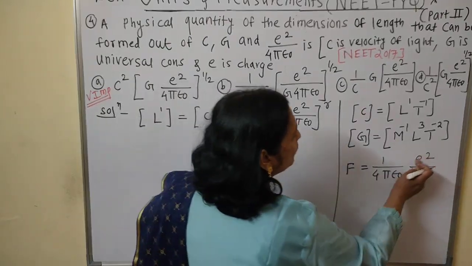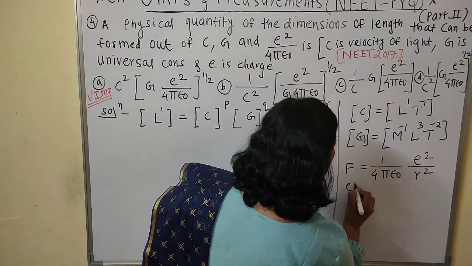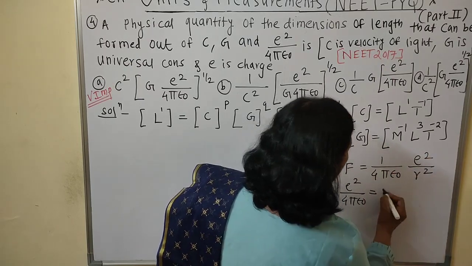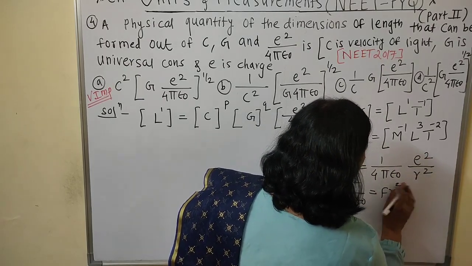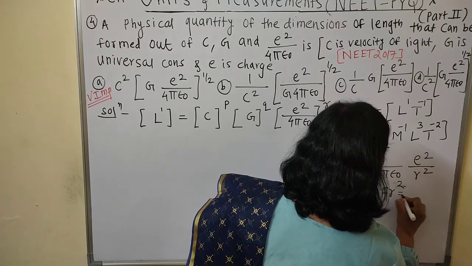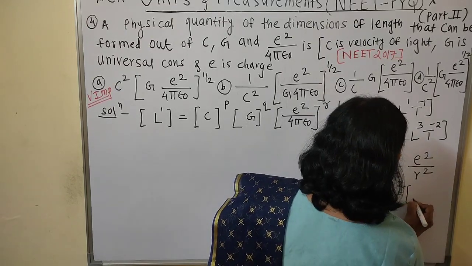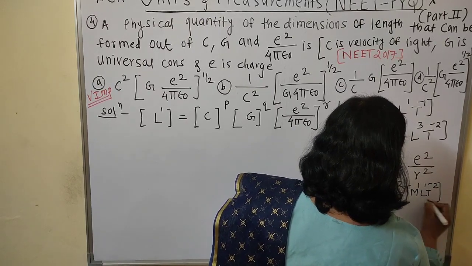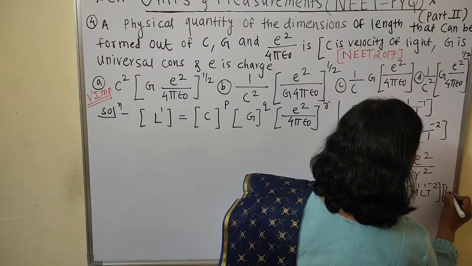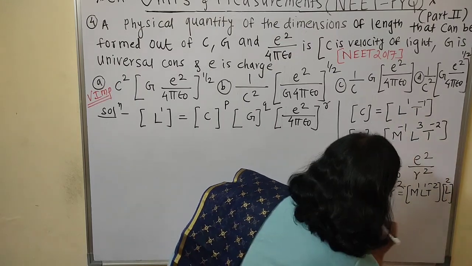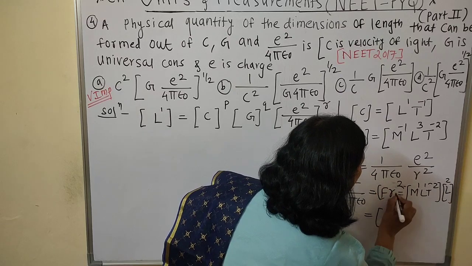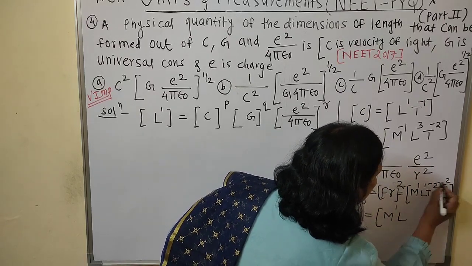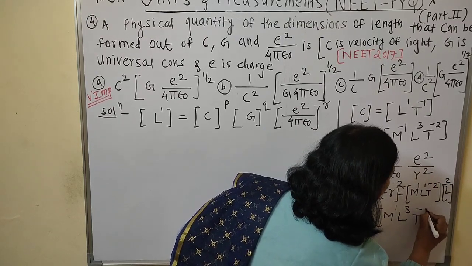Now, the value of this e square by 4 pi epsilon naught is nothing but F into r square, and the dimension of this F r square, now the dimension of force is mass into acceleration, T raised to minus 2, and the dimension of distance squared is L raised to 2, and the total dimension of this F r square is m raised to 1, L raised to 3, T raised to minus 2.